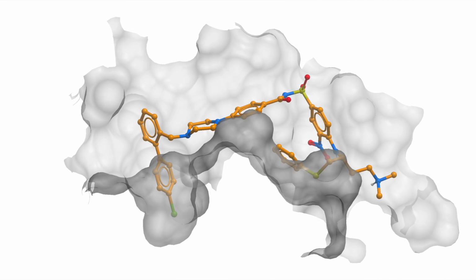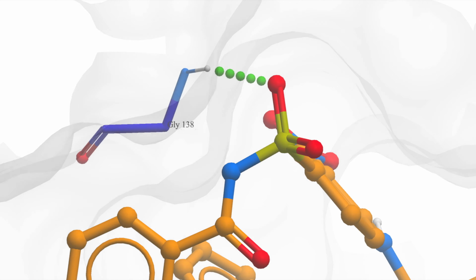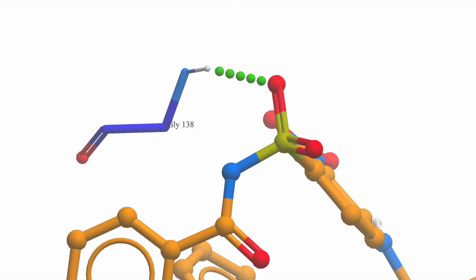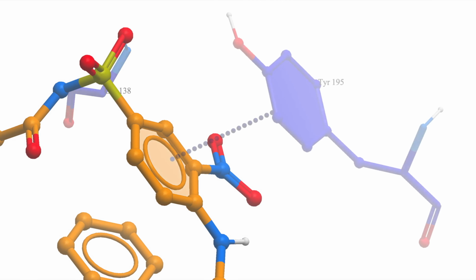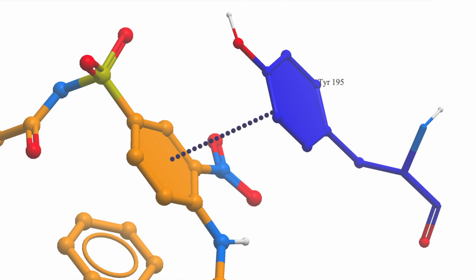In addition to this, ABT737 engages P4 through a hydrogen bond with glycine 138 and pi stacking interactions with tyrosine 195. The interactions demonstrated by both of these potent Bcl-xL inhibitors support the importance of engaging P2 and P4 for Bcl-xL binding activity.